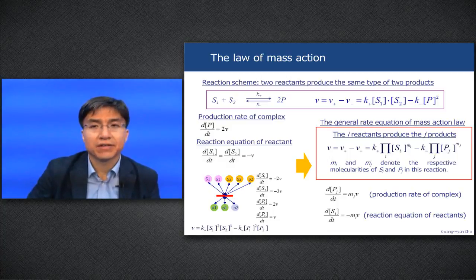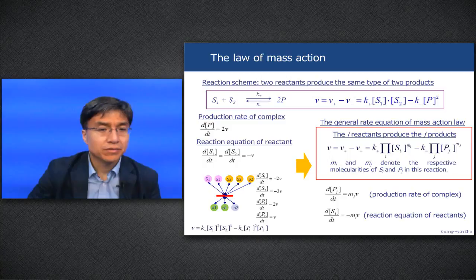We can further generalize this idea. So if we consider these reactions, then the rate of change of S1 will be minus 2v, S2 minus 3v, and P1 will become 2v and P2 v. So we can write down the total rate of change of the reactions in this way.